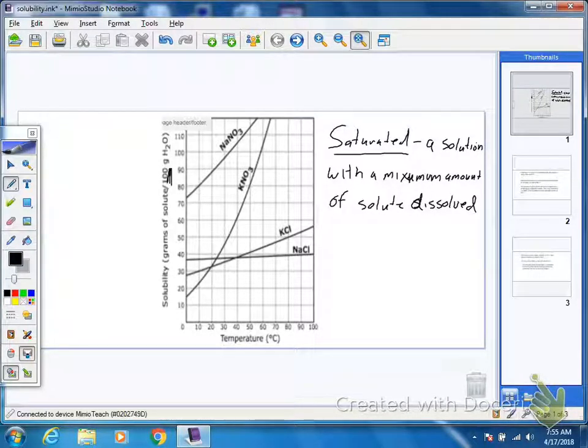Okay, so each one of these lines that are here, along this line represents a point where it is saturated, that amount.